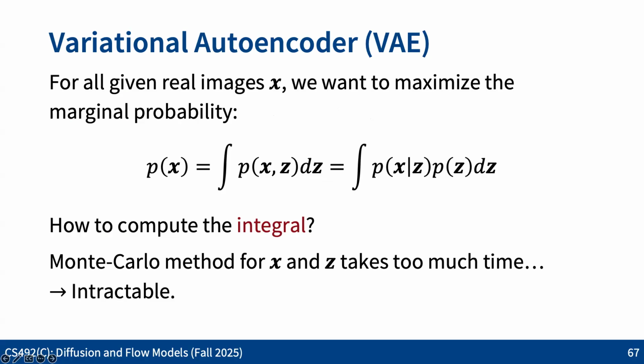And obviously, if we have a good likelihood distribution, this probability should be high, because these are samples that we know come from the data distribution. So we can consider finding a likelihood distribution that maximizes the probabilities for all the data points x here.